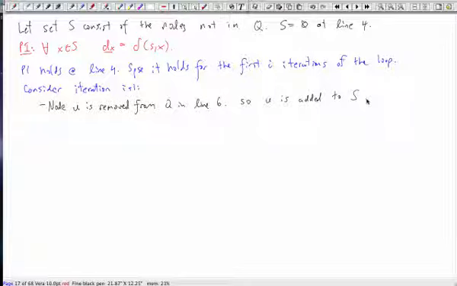It's the only one that we remove from Q. So why does this property hold for node U? Suppose that du is not equal to delta SU. If it is equal, then our property holds and we can complete the proof. So suppose, for the sake of reaching a contradiction, that it's not equal.